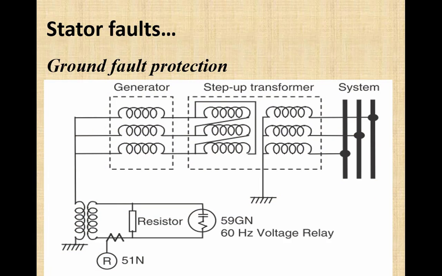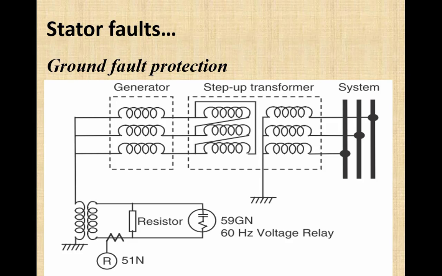So here in this diagram, an arrangement has been shown of how the grounding will be done through a grounding transformer. You can see different components of the generator and the bus. We have a generator and its associated step up transformer, that is GSU, generator step up transformer, connected in delta grounded configuration.